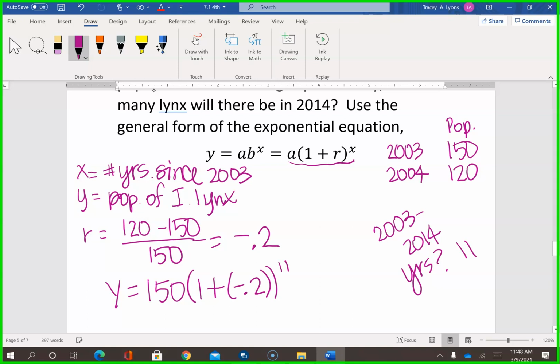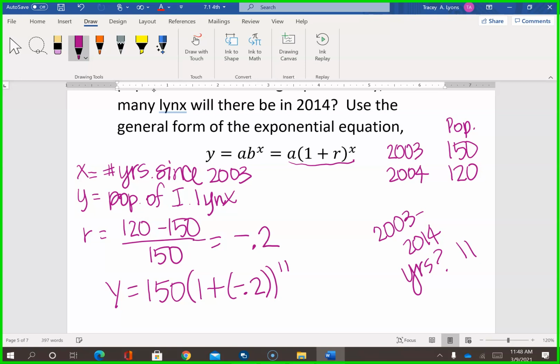Now, the book goes through a big deal about finding out how much you started with. I'm not really sure that's necessary, because 2003 is when we started, and the number was 150. So why go through all that just so you can write down on paper that it was 150? They put 150 equals A times 0.8 to the 0. Not necessary.